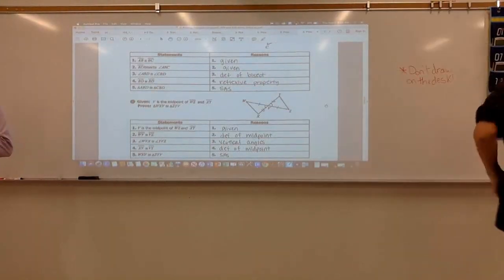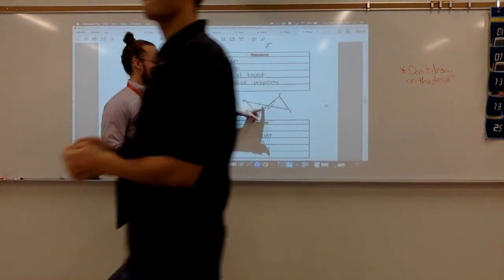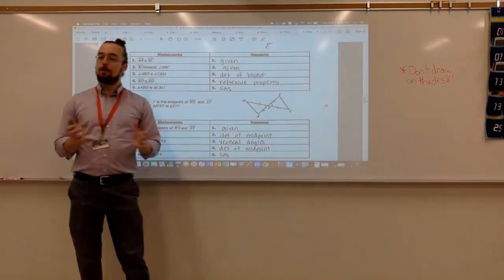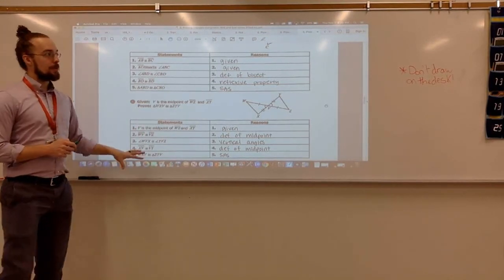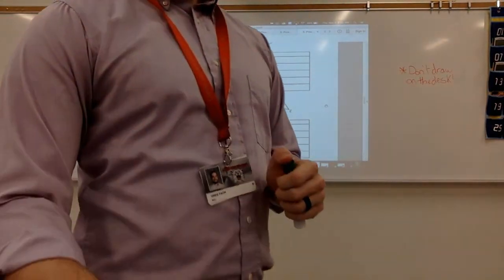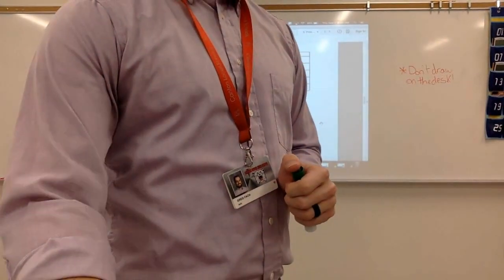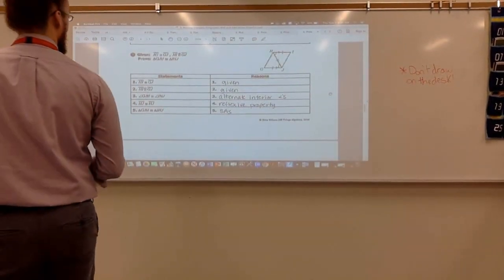Then on number 6, we had to use vertical angles. This is another one that's going to creep up a lot. Vertical angles. Be okay with this one? Now, I'm not sure if we got all the way through 7, but I did want to talk about one thing on number 7 here.